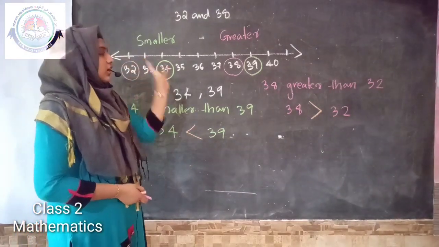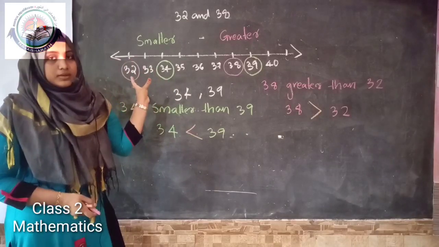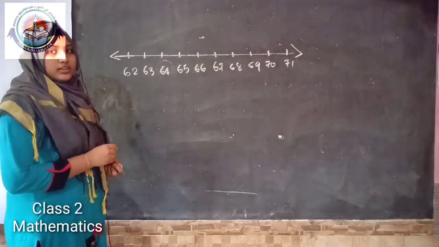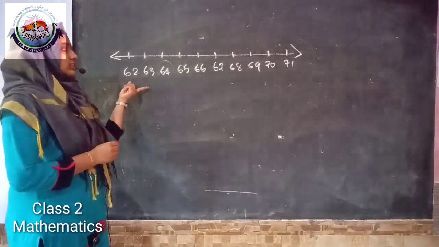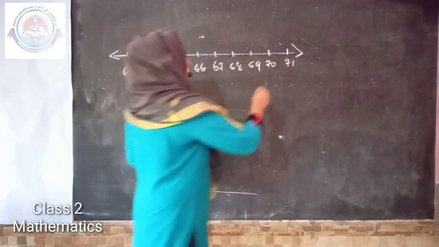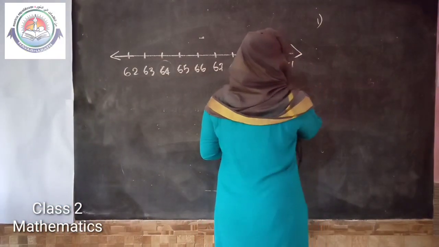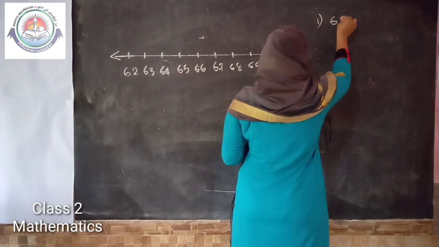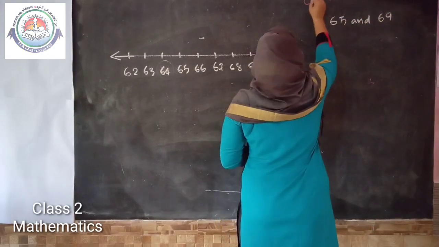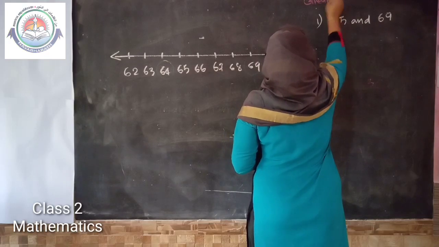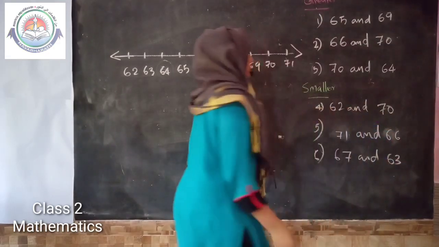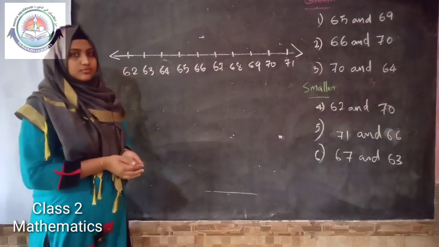From the number line, we can say which number is greater and which number is smaller. Here, I have some questions.